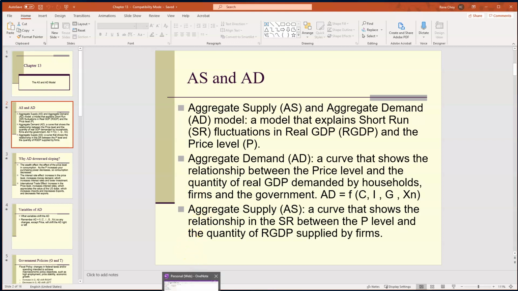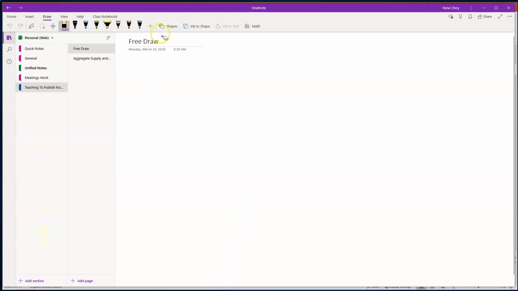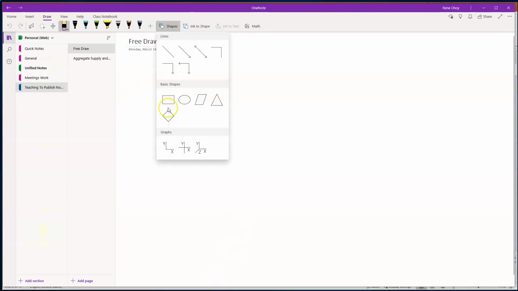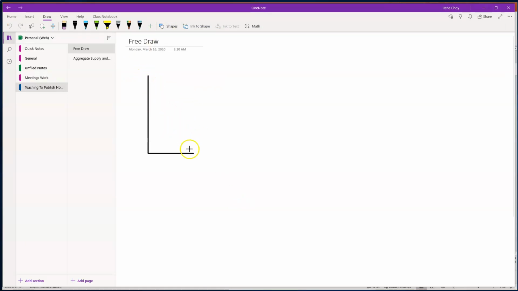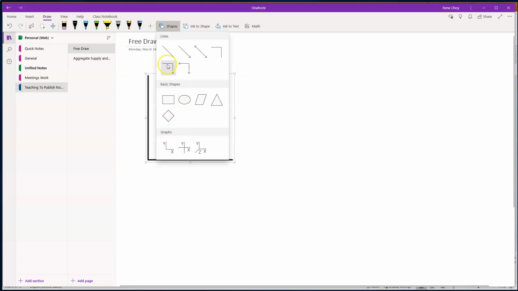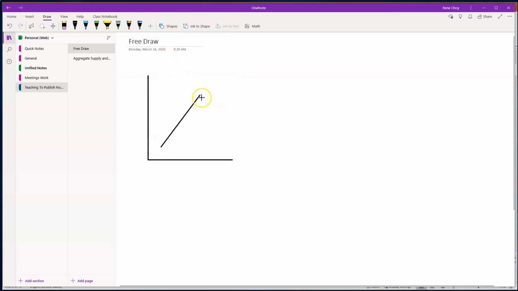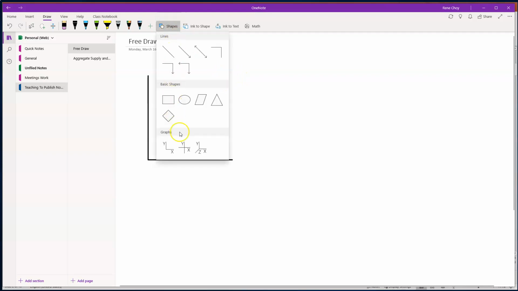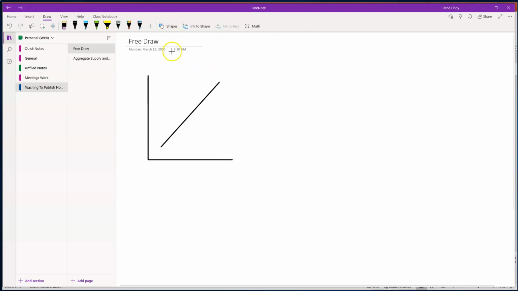Let me show you real quick how the model looks. So the model is graphical, just like most other models. We have a line, which we're going to call aggregate supply. We have our line for aggregate demand.